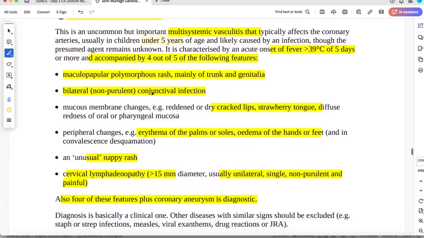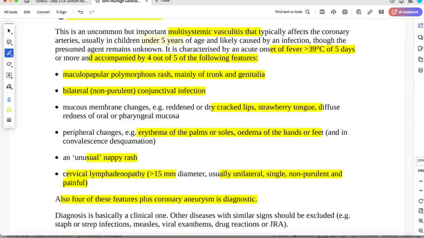Bilateral conjunctivitis, but non-purulent. Then dry cracked lips or a strawberry tongue. Edema of the periphery, so palms and soles will be swollen. And cervical lymphadenopathy, which is unilateral, tender, non-purulent.